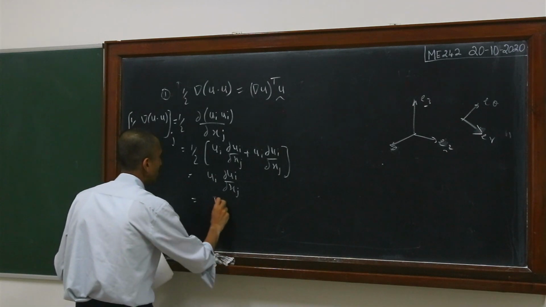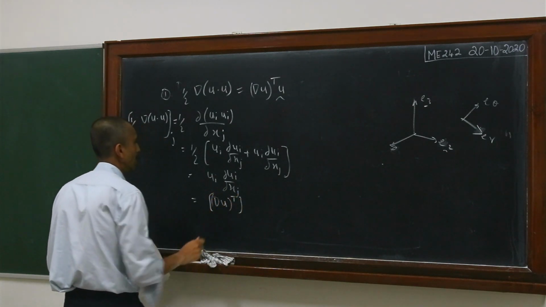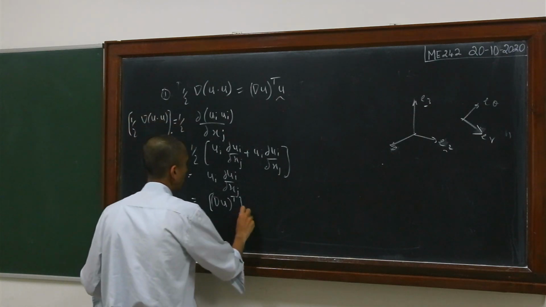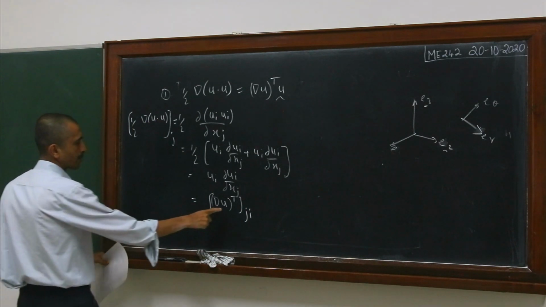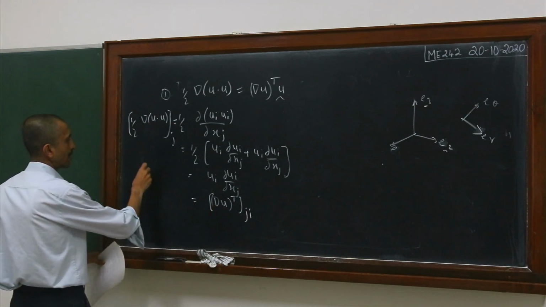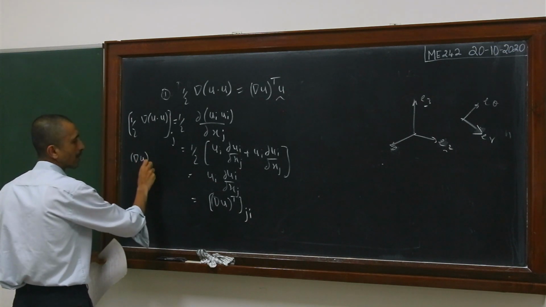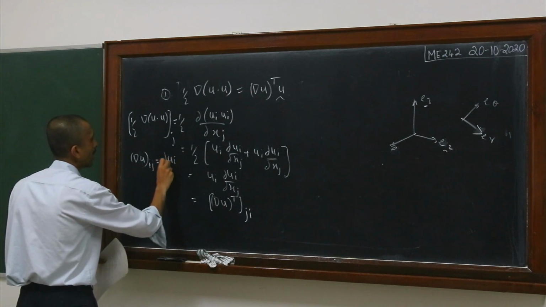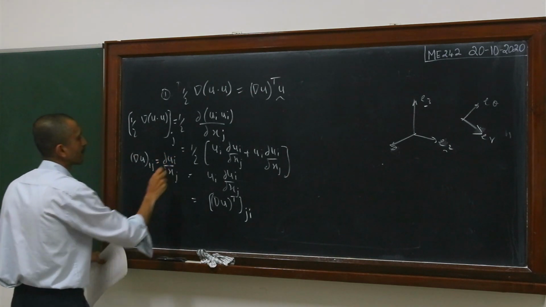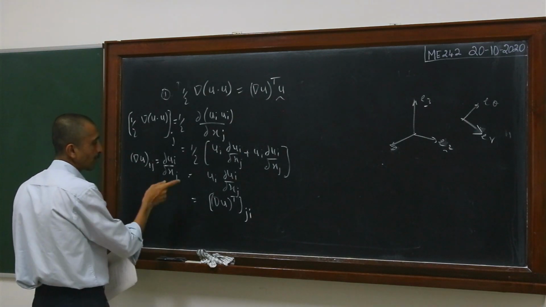suppose I write this as del u transpose, this is the jith component of that. Let me just explain this. The del u ijth component is equal to del ui by del xj, correct? So here, if you switch the indices, then you get the transpose.